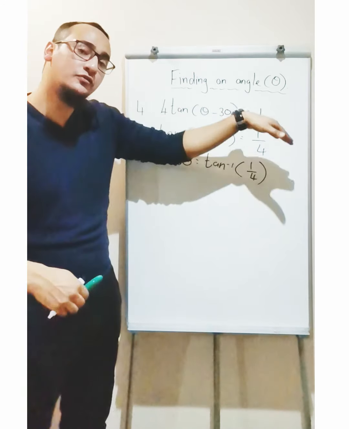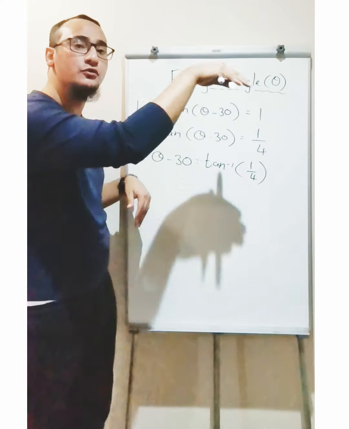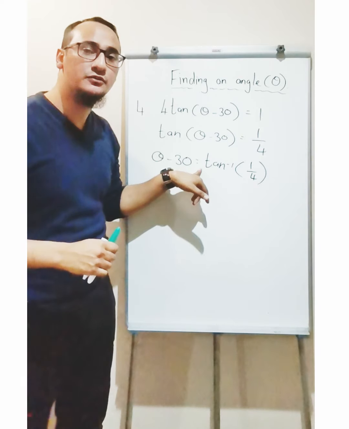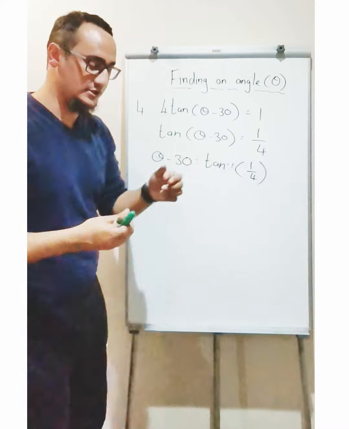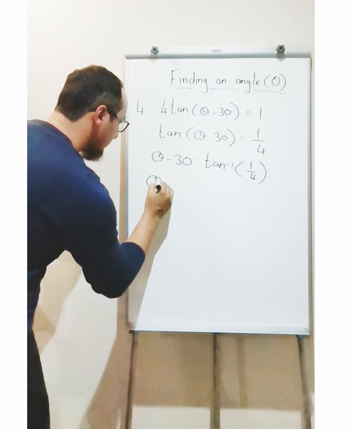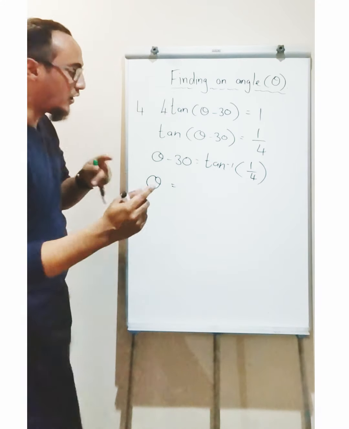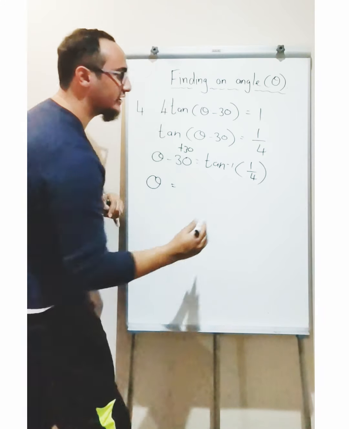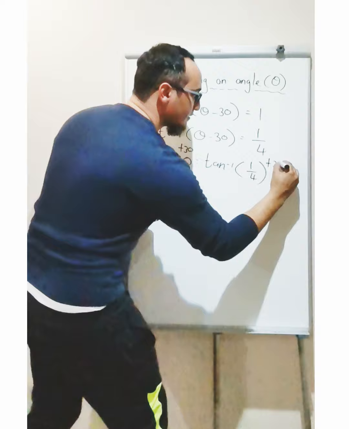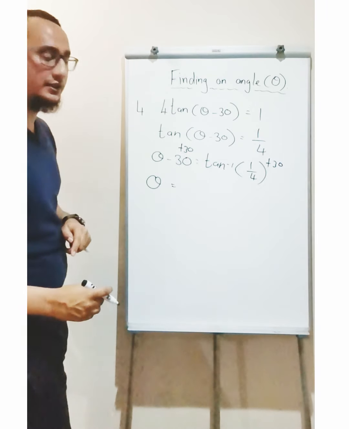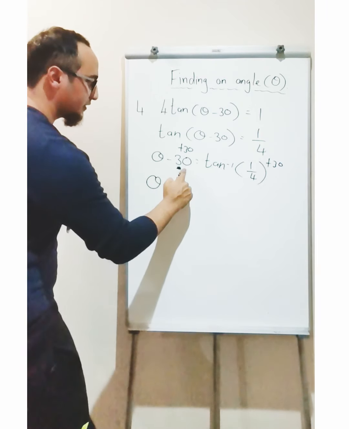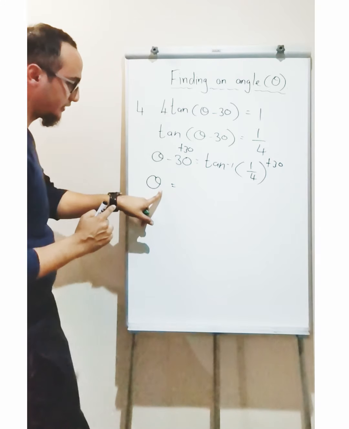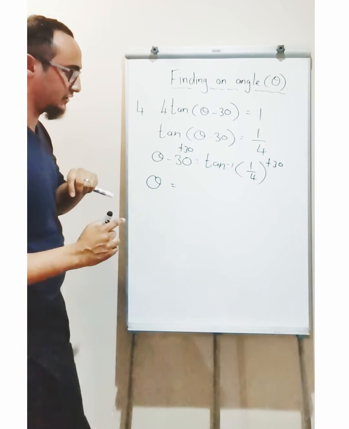If I take it over, what happens when I take something over my equal to sign? The sign changes. So, theta is equal to, or I can simply say positive 30. What I do on my left hand side, I need to do on my right hand side. That would be more mathematically correct. So negative 30 plus 30 is equal to theta plus 0, which stays theta.